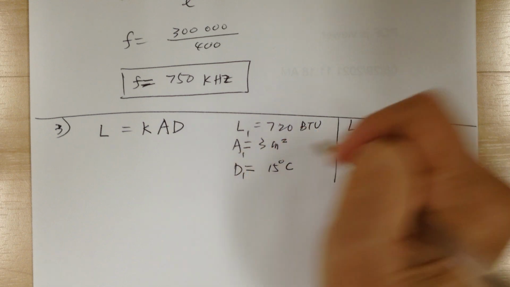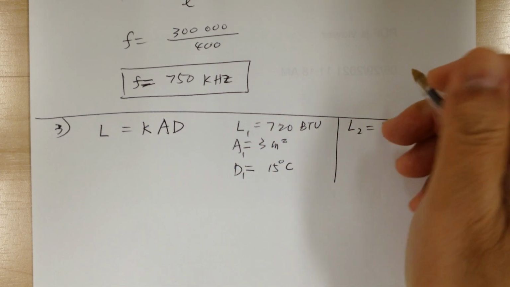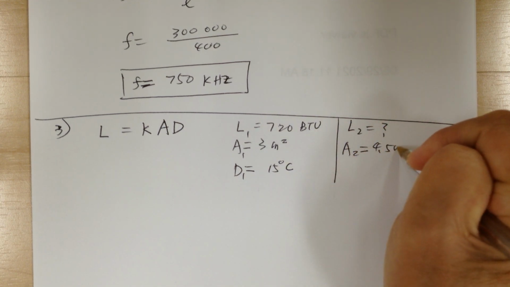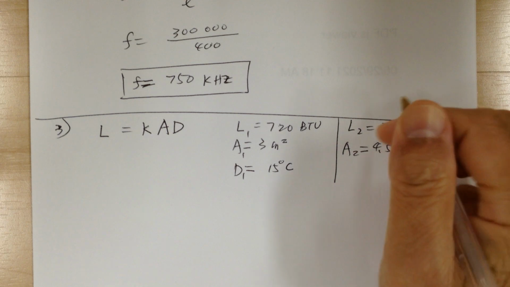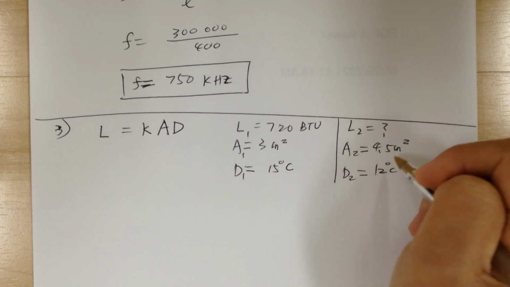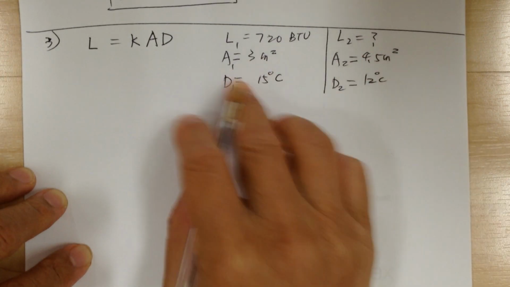Okay, so this is the first case. So what's the heat loss through a window with the area of 4.5 meters square and the temperature difference is 12 degrees Celsius. Okay. So again, make sure you read carefully and get everything done.